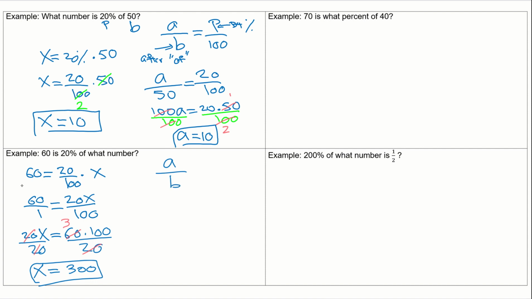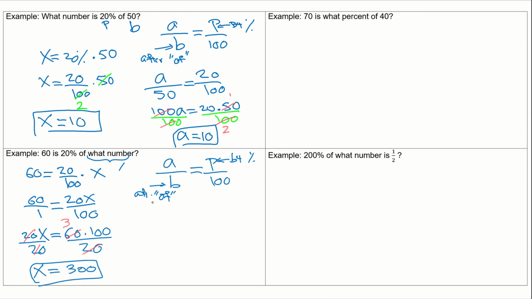A over B equals P over 100. Once again, we look for B after the word "of". We look for P before the word "percent" or the percent symbol. So in this way, we notice that what comes after "of" in this problem is the unknown.